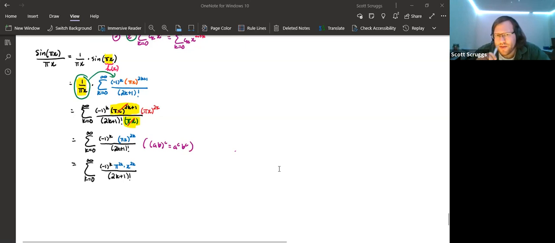And there's my Maclaurin series for this problem. Now, before I move on, any questions about my work here? Anything I need to clarify?